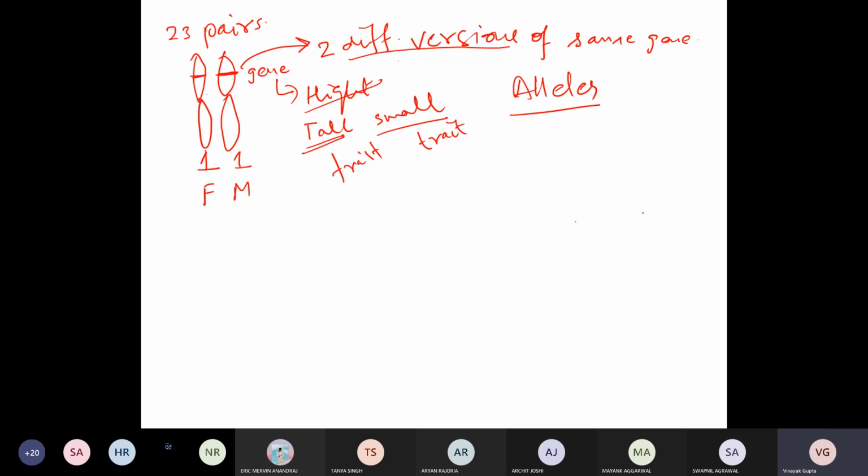What do you mean by the term allele? Any doubt?